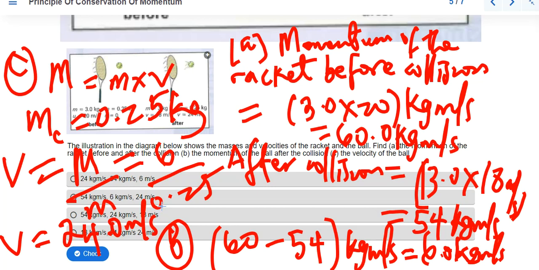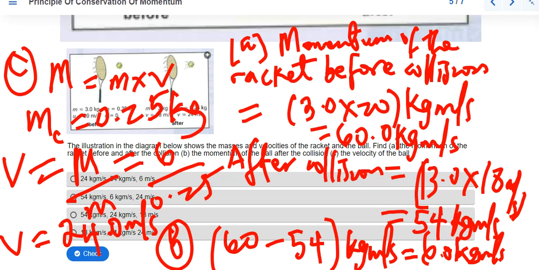Don't forget, for A, we have 60 kilogram meter per second, that is racket before collision. After collision, we have 54 kilogram meter per second. So the momentum of the ball after collision is 6 kilogram meter per second, while the velocity of the ball is 24 meters per second.